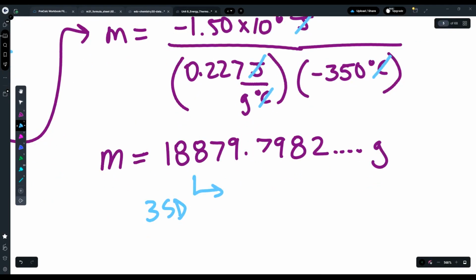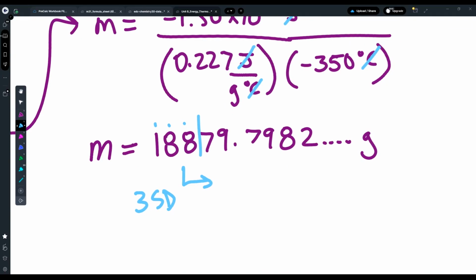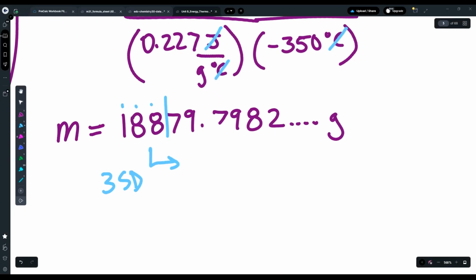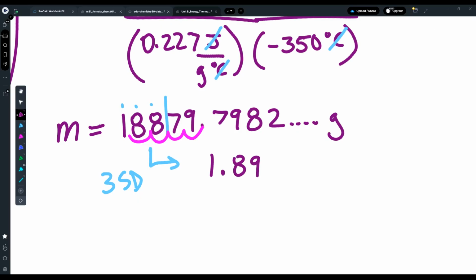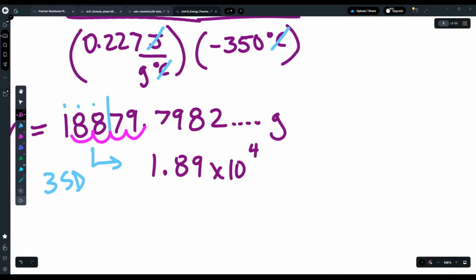I'm going to count from the far left, 1, 2, 3. There's my cutoff line, so it comes in front of the decimal point, so I need to use scientific notation. I'm going to count 1, 2, 3, 4. So my answer is going to be 1.89 times 10 to the power of positive 4, because my original number was bigger than 1, grams.